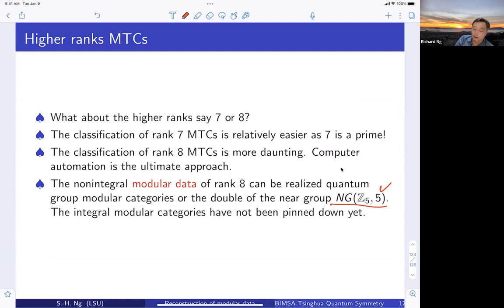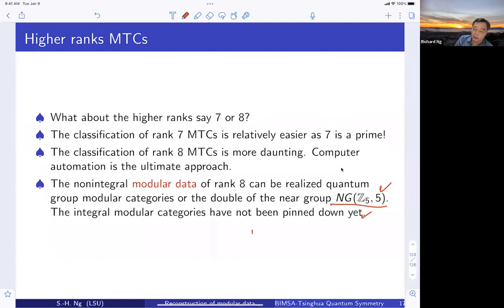This one we need some strategy to figure out. Either theoretically deduce the integral modular tensor categories of rank 8 directly, or we design some criteria for a computer search. We haven't found the right strategy to deal with it yet, so we only know some candidates.